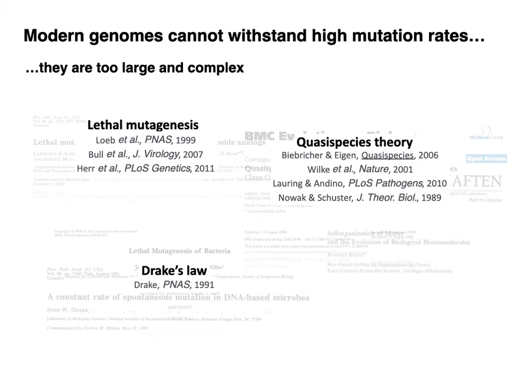I use this example to illustrate what is a very fundamental inverse relationship between how fast you can mutate a piece of information while holding on to function and its size. For biology, this means that modern genomes cannot withstand high per-base mutation rates because they are simply too large and complex, a conclusion that has been addressed with great nuance in some of the research areas listed here.